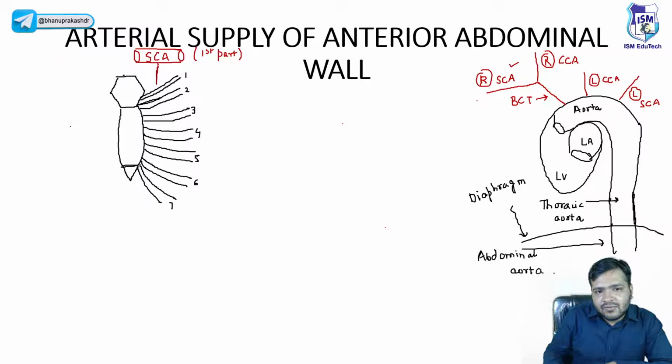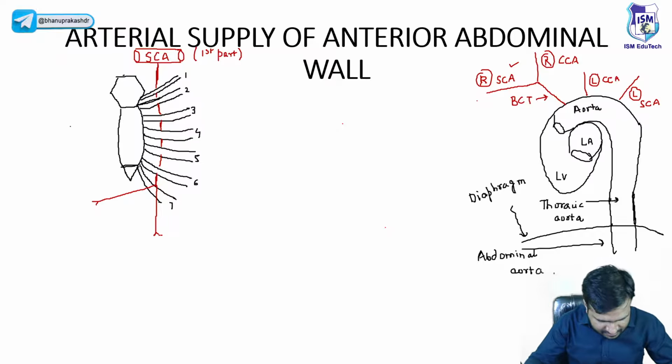This branch is going through these intercostal spaces. It is passing through, and in the sixth intercostal space it is divided into two parts, beta.